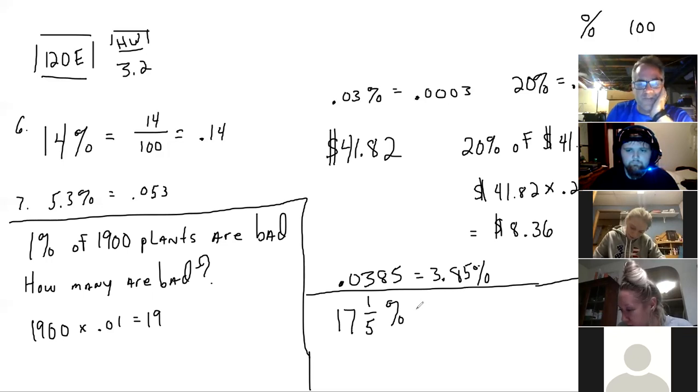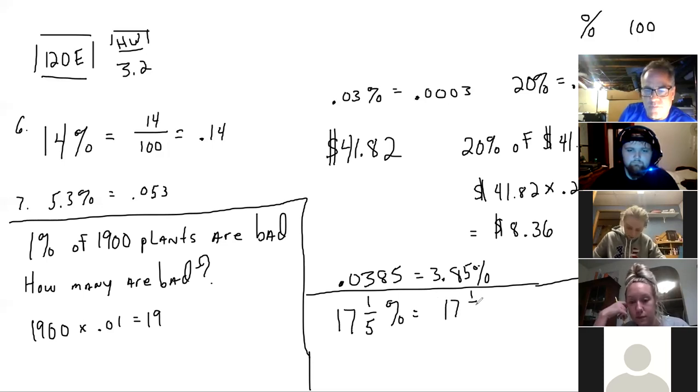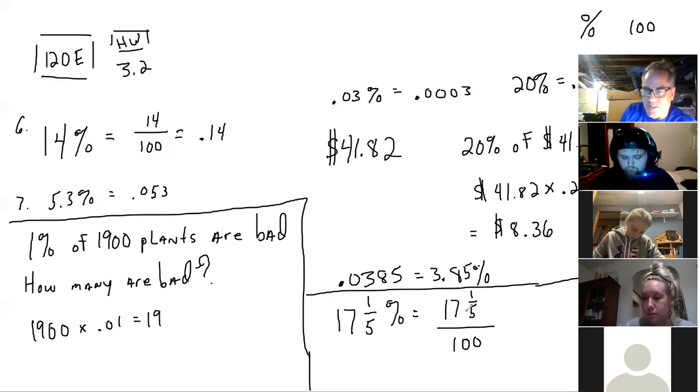All right. So here we go. How are we going to get this one done? I'm going to write this as a whole number, proper fraction, or mixed number. So remember, percent means what? Per 100, right? So I could write the 17 and 1/5, that's a mixed fraction, but over what? Over 100. Right? Now, I need to simplify this. So what I'm going to do first is put this top fraction in improper form.